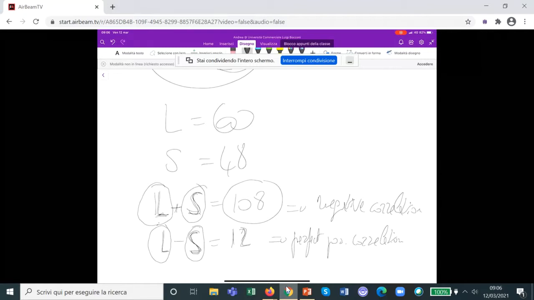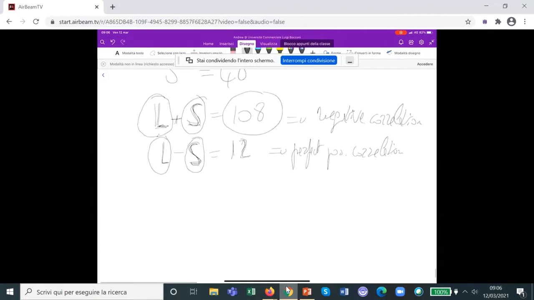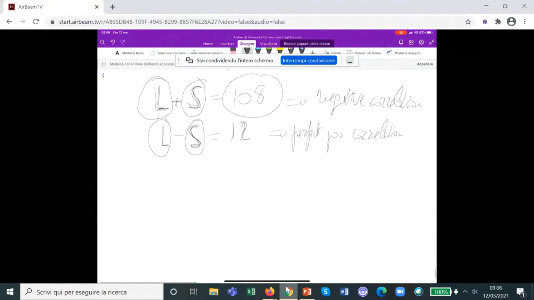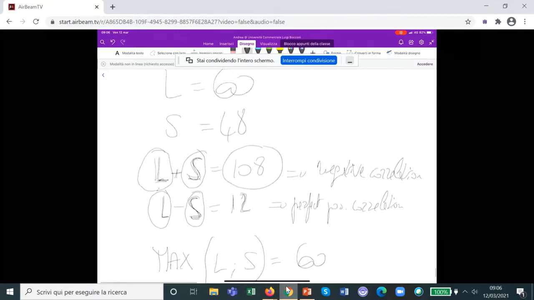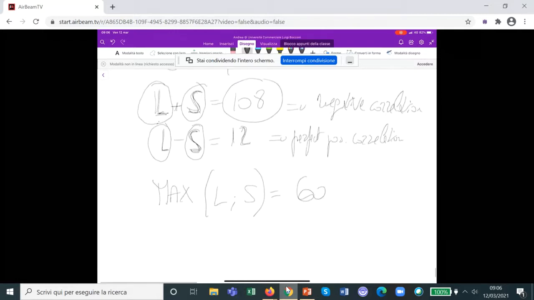Now, the approach followed by the Basel Committee is very simply a kind of average of these two. They say, okay, I want you to take the larger between the long and short position, which would be, in our case, 60. The long was 60.